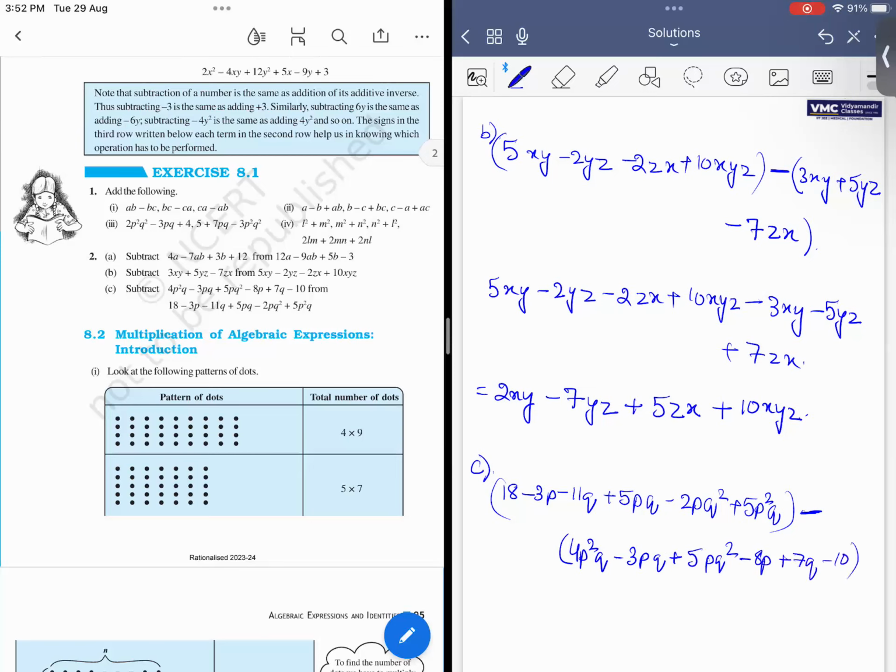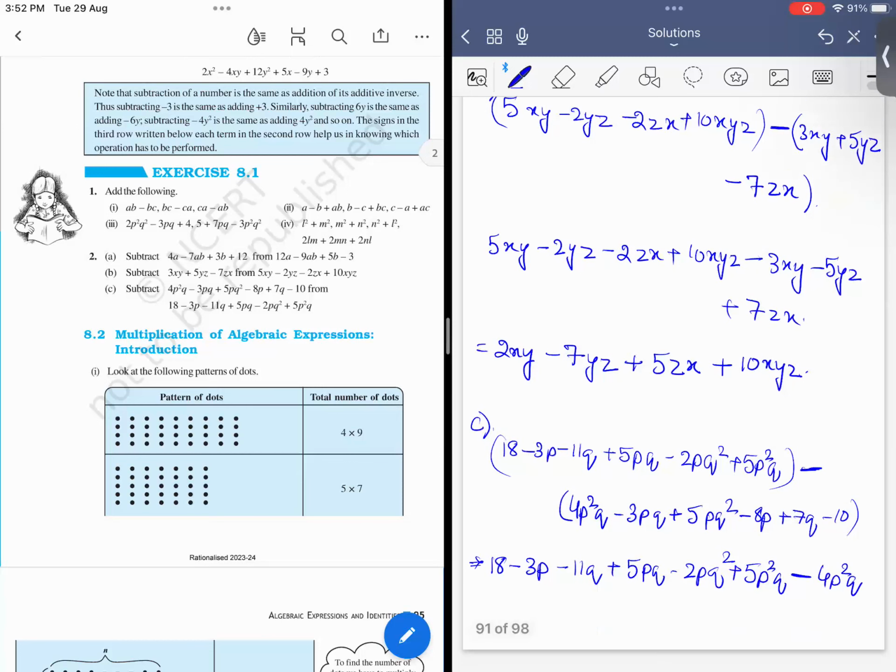Now again, open the terms. The first remains as it is: 18 minus 3p minus 11q plus 5pq minus 2pq square plus 5p square q minus, opening the terms of the second bracket with proper sign of the terms, so minus 4p square q.